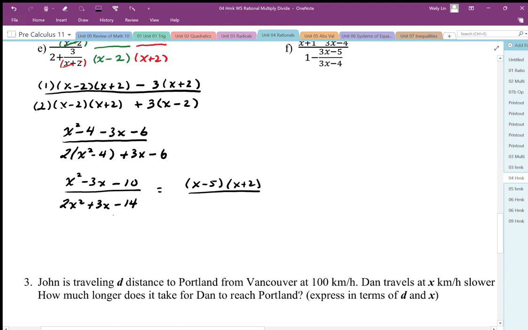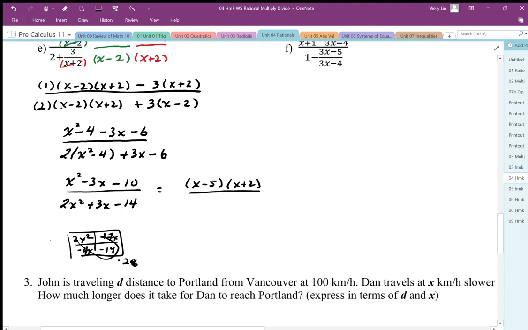and the denominator, just going to do my quick box here, 2x squared times negative 14, so that's going to be negative 28, and two numbers that multiply to negative 28 and add to positive 3 would be plus 7 and minus 4x.